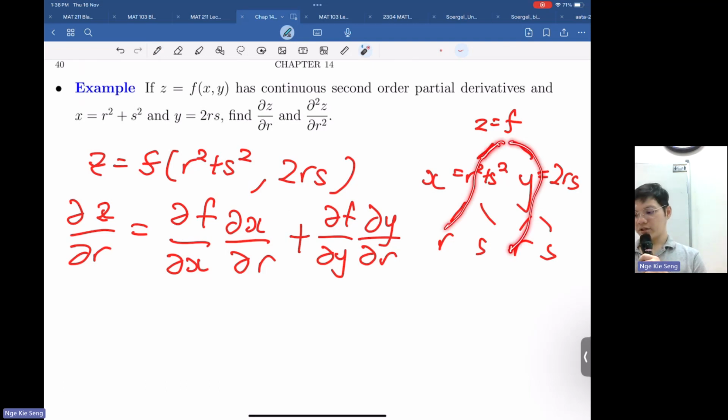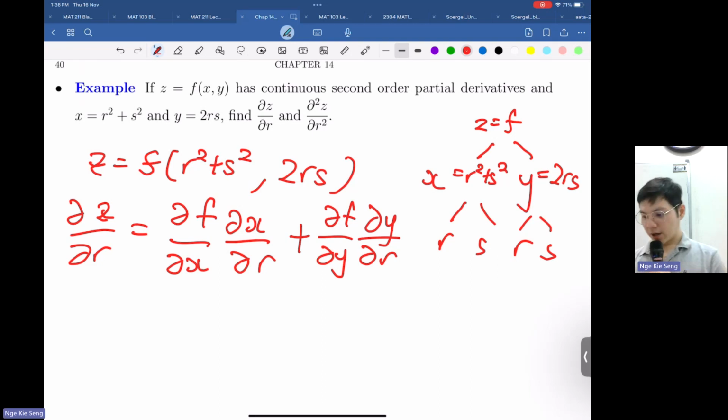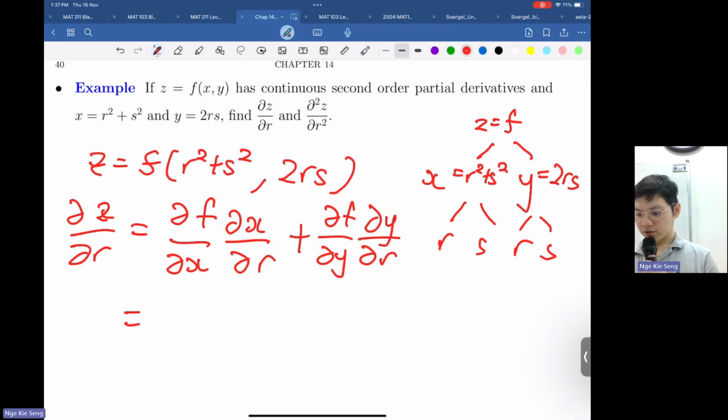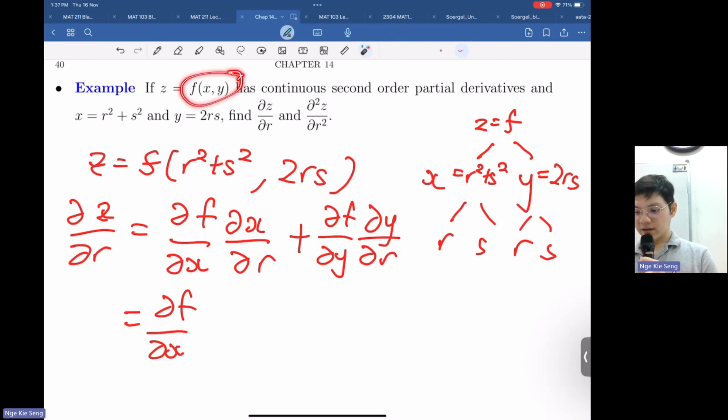Each edge represents a partial derivative, so you take the products along each path and then sum them together. Out of these 4 factors, only 2 you know how to compute, because f is not given, but you are given x and y in terms of r and s.